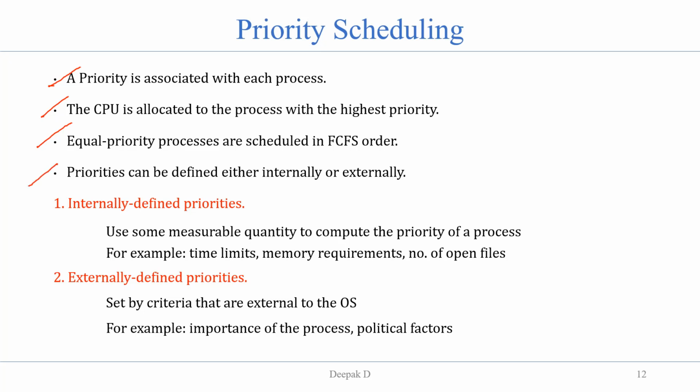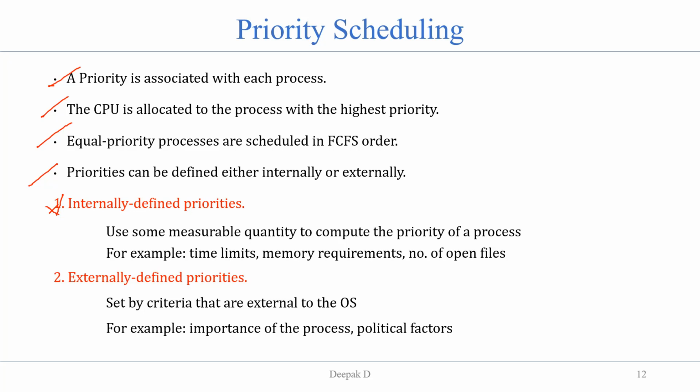Let's see how these priorities can be defined internally. Internal priorities use some measurable quantities for computing the priorities of the process. For example, the time limit of the process, the memory requirement of that process, the number of open files, and the ratio of average IO burst to average CPU burst are used in computing the priorities.